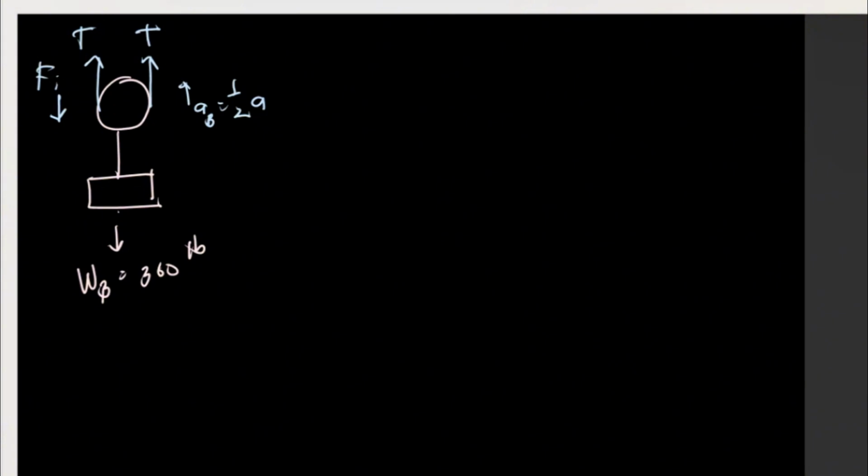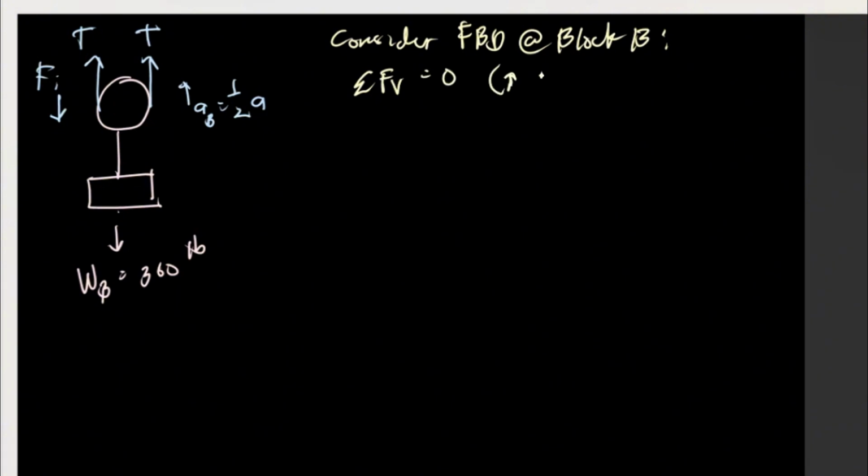So ngayon, let's consider free body diagram at block B. So ganun ulit, we will sum forces along vertical is equal to 0, assuming na lahat ng pataas ay positive. So it will give us dalawang T, no? 2T minus F sub I minus weight ng block B is equal to 0. So lalabas yan, that is 2T minus, kung 300 pounds yon, that is weight, 300.